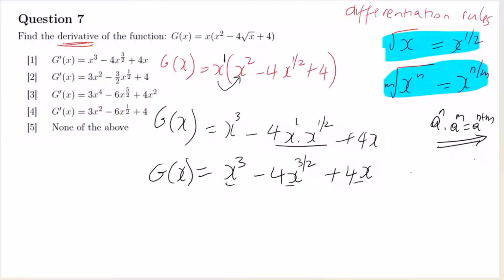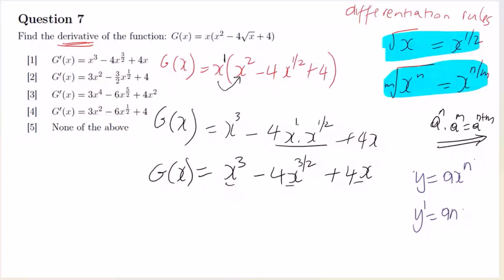A power function is saying if I've got y equals a x to the n, then y prime is equal to a n x to the n minus 1. So I'm applying this rule.